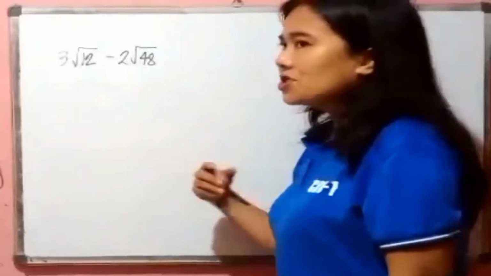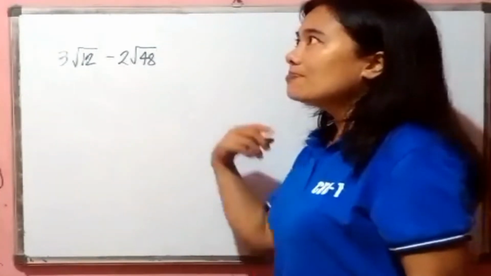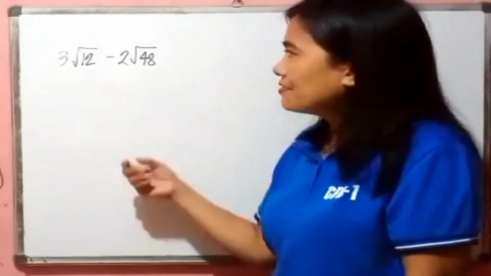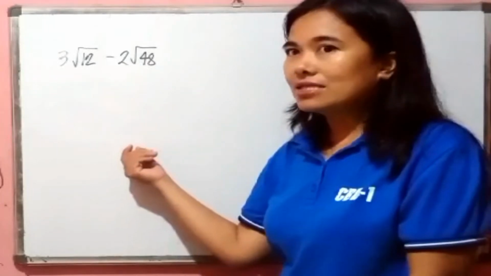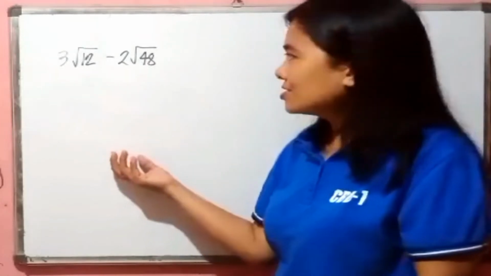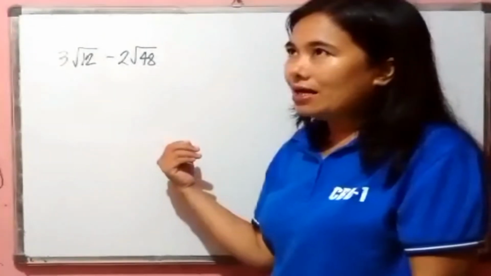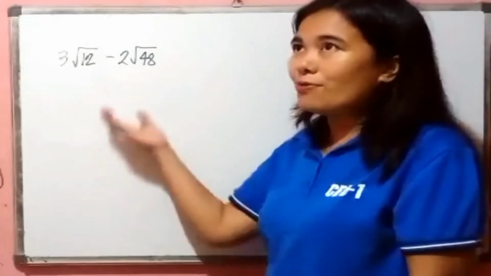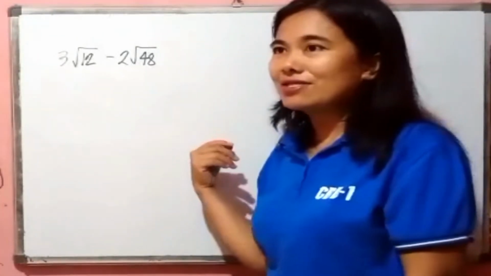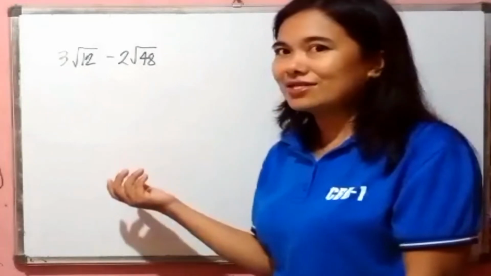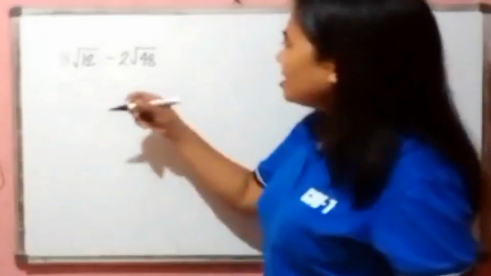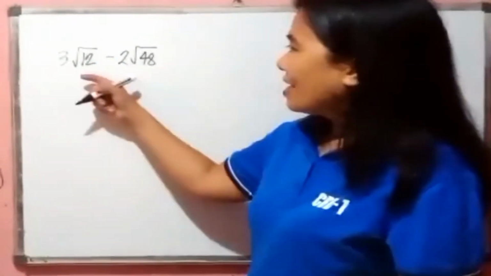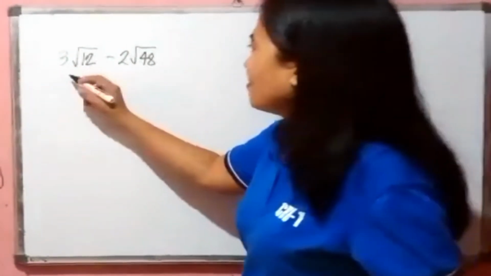Because if you try simplifying first before combining, you may find similar radicals. How do you simplify? You can go back to our videos, where a teacher discussed simplifying radicals. But anyway, let's start from simplifying the square root of 12.